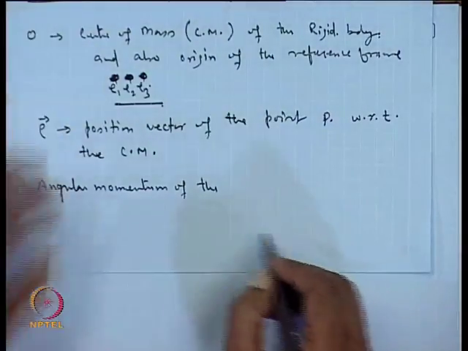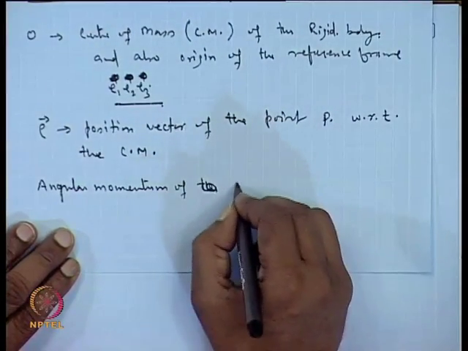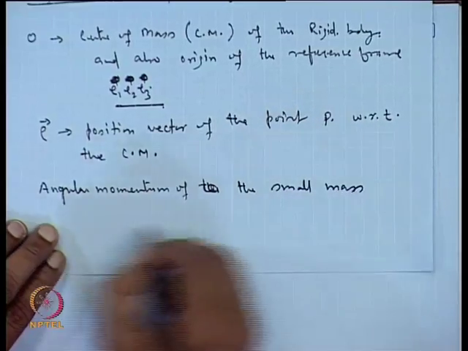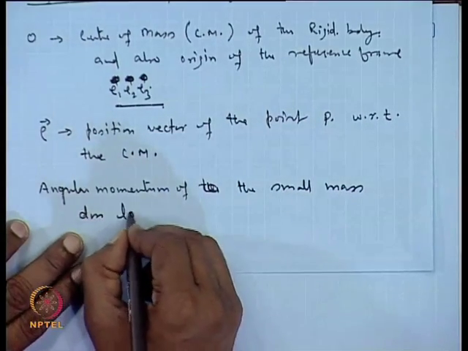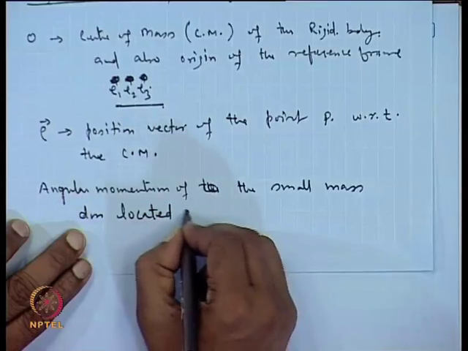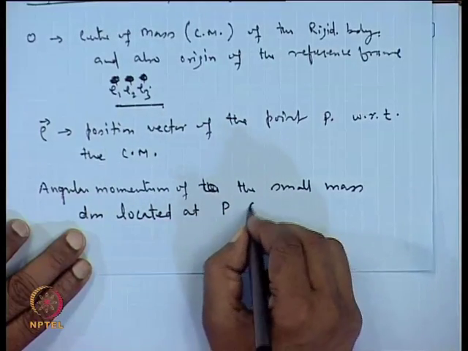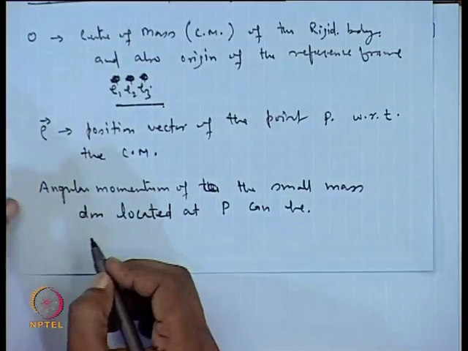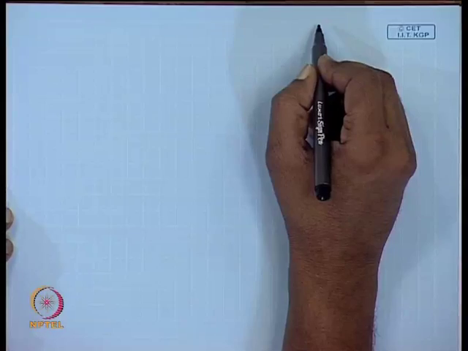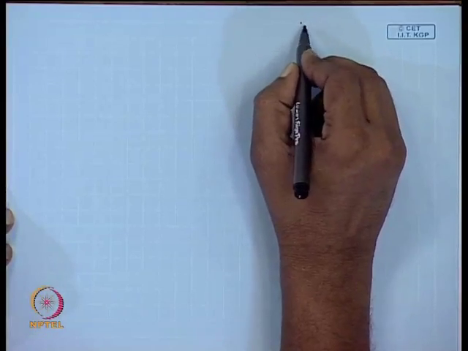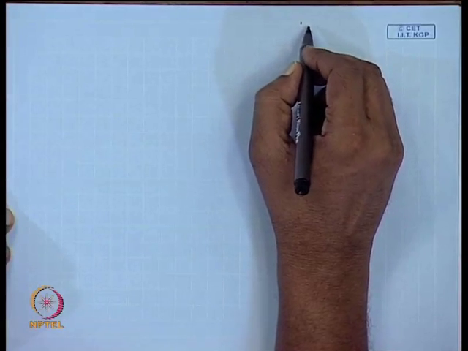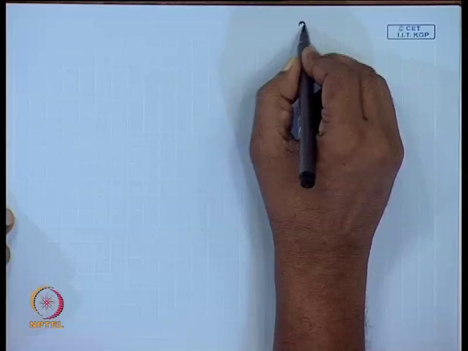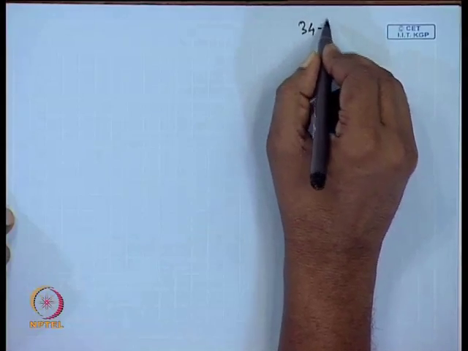The angular momentum of the small mass d m located at P is what I need to find out.